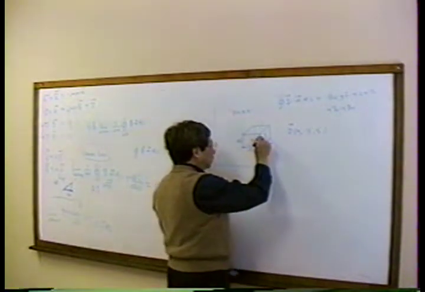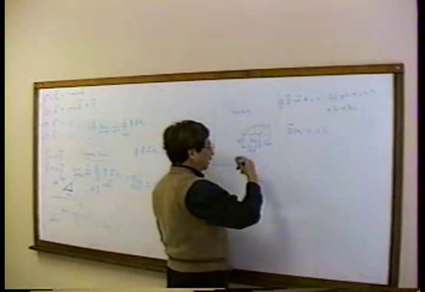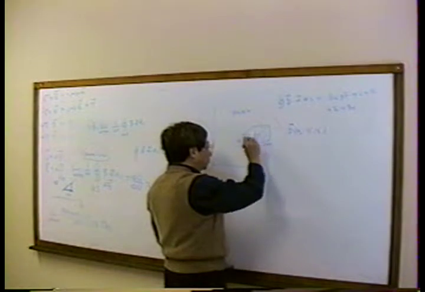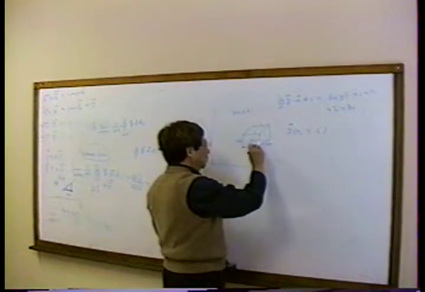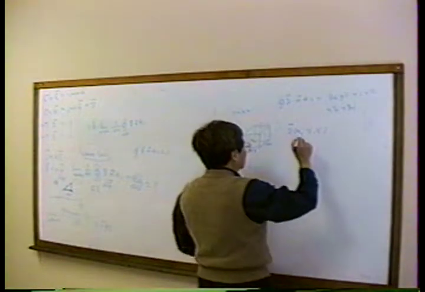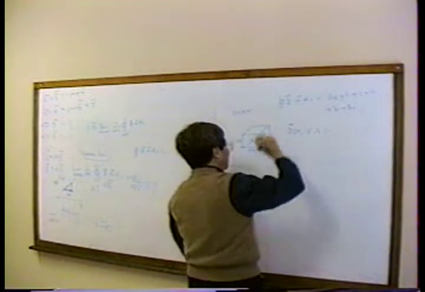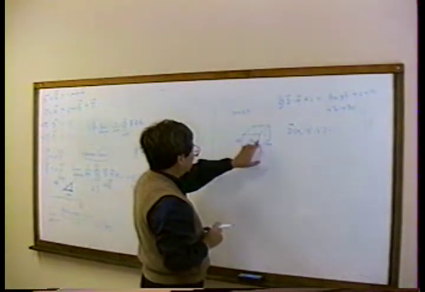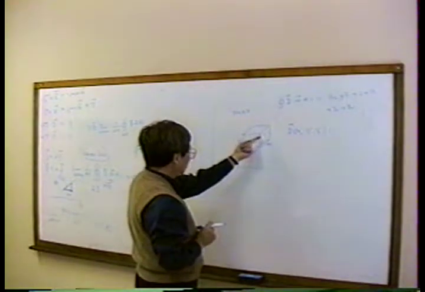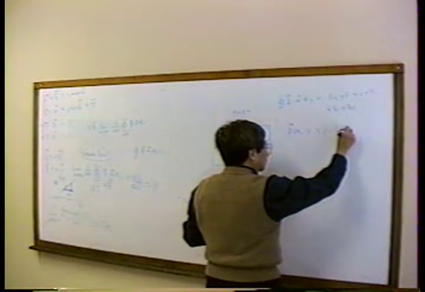Because it's on the back face, the X is fixed. Then Y prime and Z prime are the variables of integration, which you integrate from here to here and from here to here. So D at X, Y prime, Z prime. Now what is N? The normal vector. N is the outward normal, which makes it minus AX.